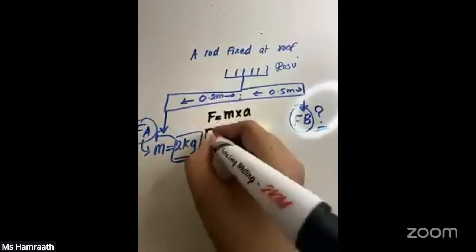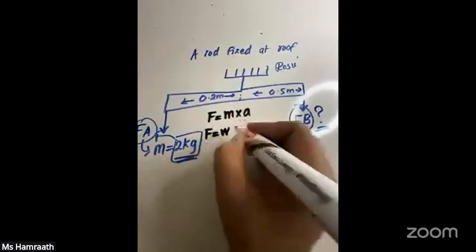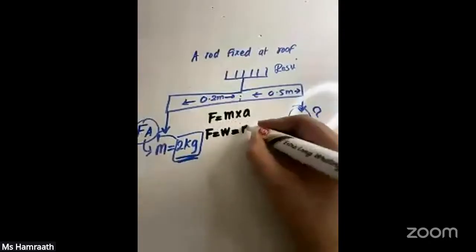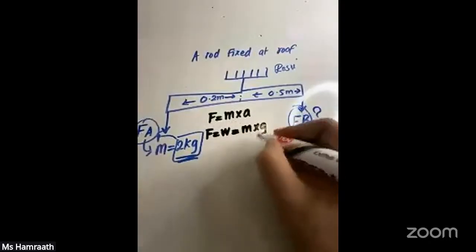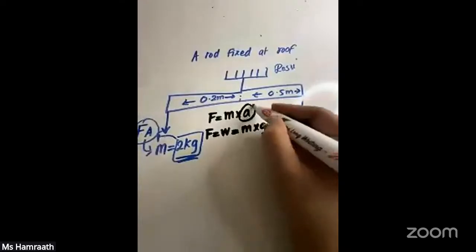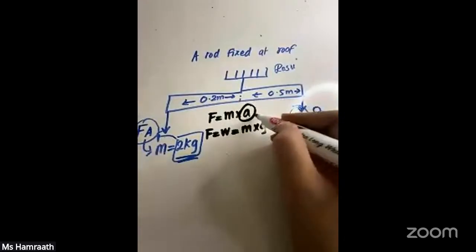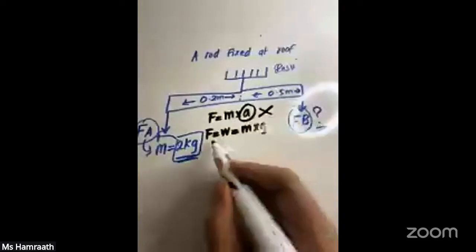Another equation we studied: force is equal to weight, and weight is equal to mass into gravitational field strength. Here we don't have the acceleration, so can we use the first equation? No, we cannot.